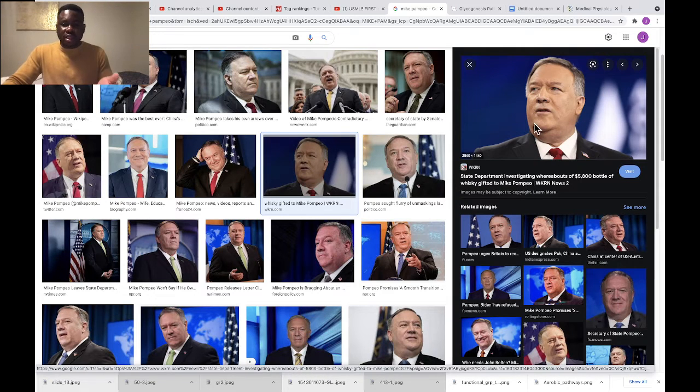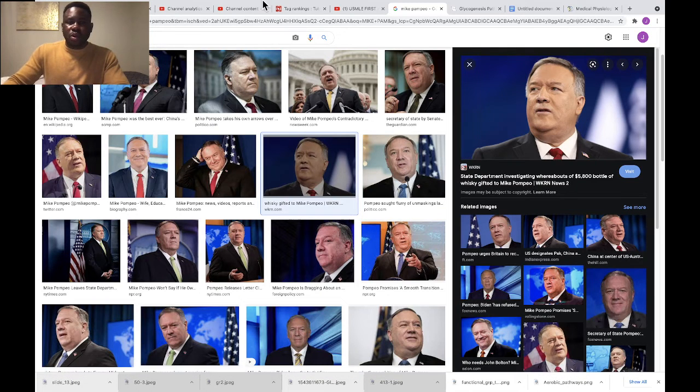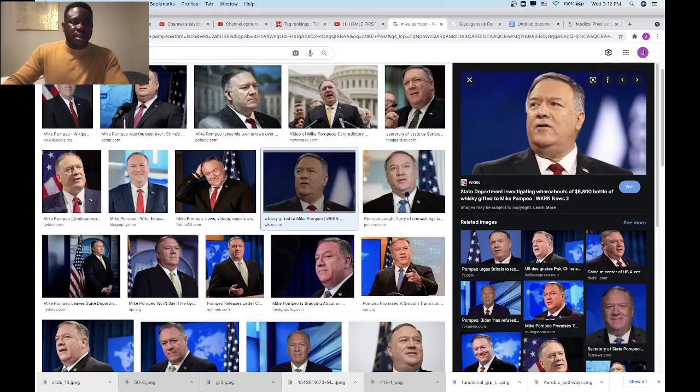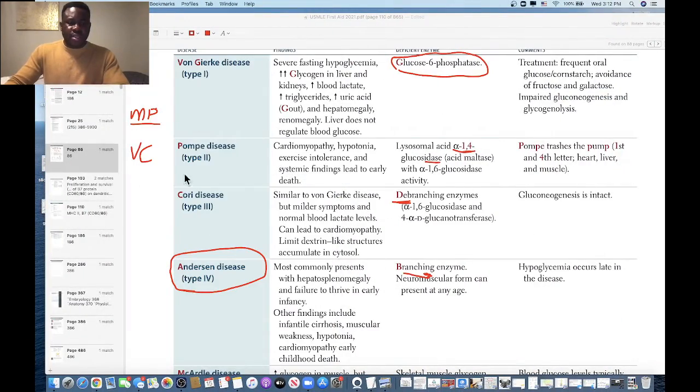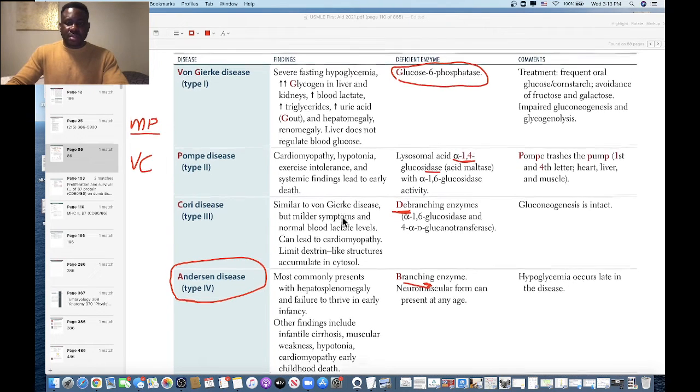So I use he's called Mike Pompeo. That's so MP, Mike Pompeo. So this is McArdle and this is the Pompe disease. So I use that as well to remember my mnemonic. Okay, so I said MPs, the ministers and the parliamentarians, cannot get hypoglycemia. So MP do not get hypoglycemia, and VC do.